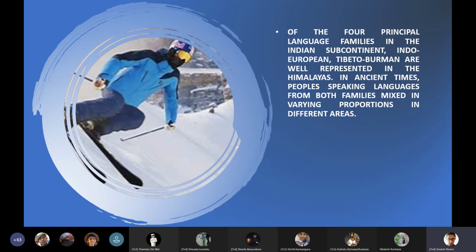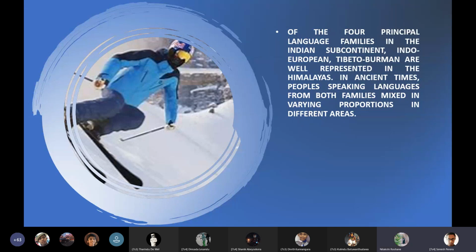There are also four main language families in the Indian subcontinent, of which two, Indo-European and Tibeto-Burman, are well present in the Himalayas. In ancient times, the people speaking these language groups mixed in different proportions in different areas.